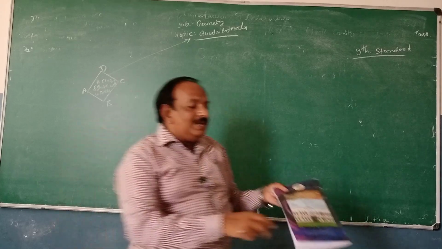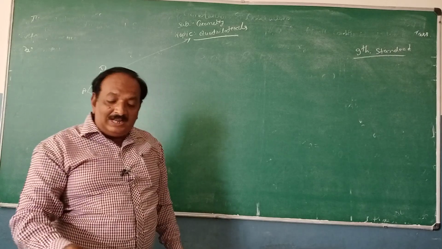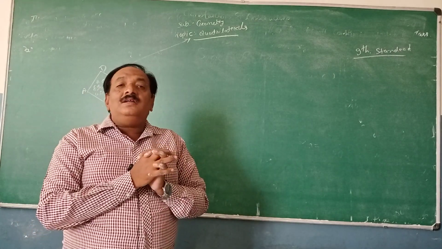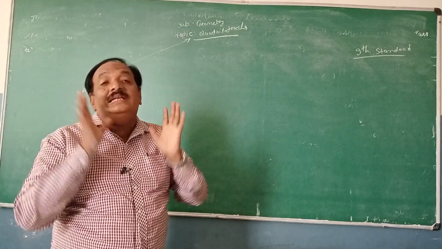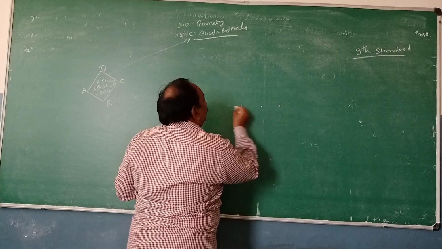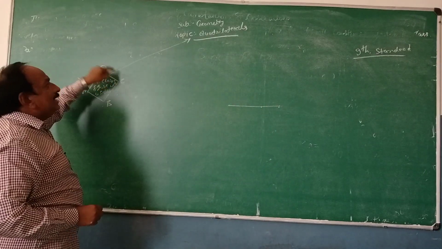What do you mean by a quadrilateral? A closed figure with 4 sides which are non-collinear. What do you mean by collinear? Points lying on the same line are called collinear. These are all non-collinear.